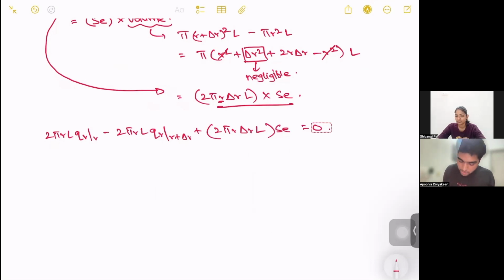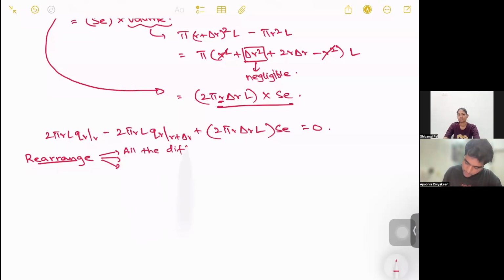Now we have to rearrange these equations. For rearranging, there are three important things to keep in mind. The first one is that the differential thickness, here delta R, should come in the denominator.